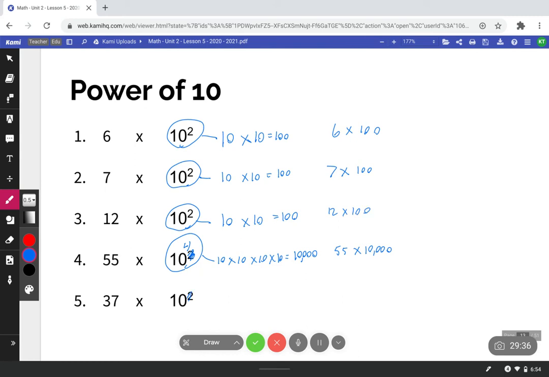And let's pretend this said 10 to the power of 3, which equals 10 times 10 times 10. And that equals 1,000. 37 times 1,000. Sorry, I just wanted to get some practice of switching it up a bit.